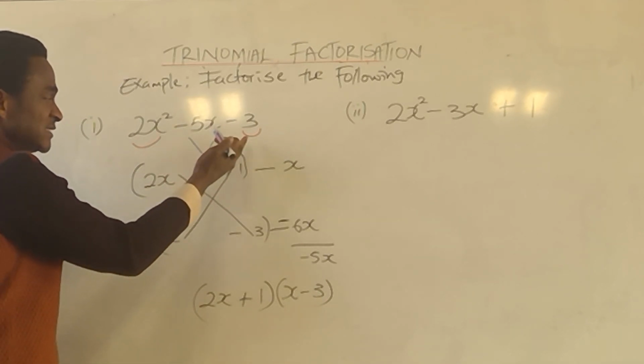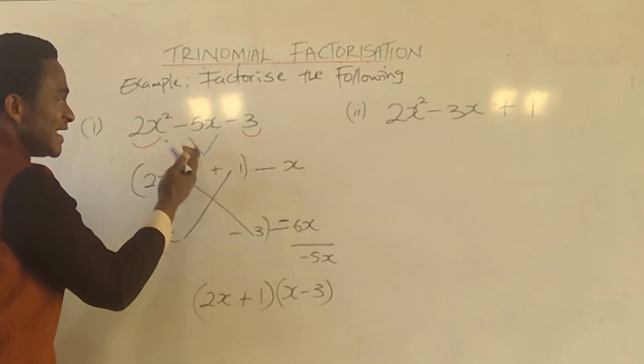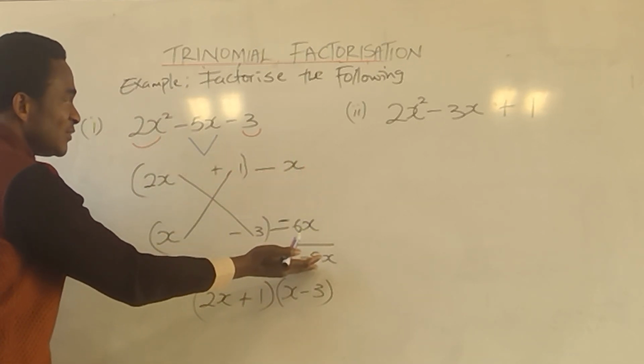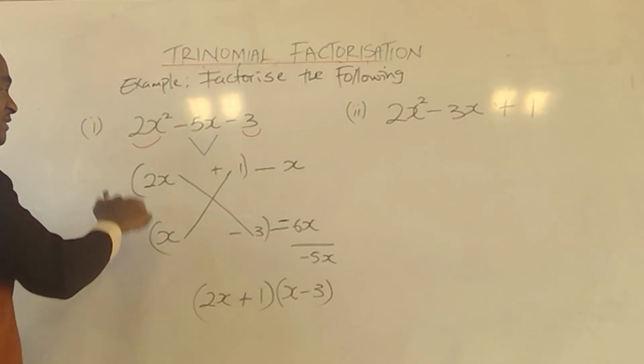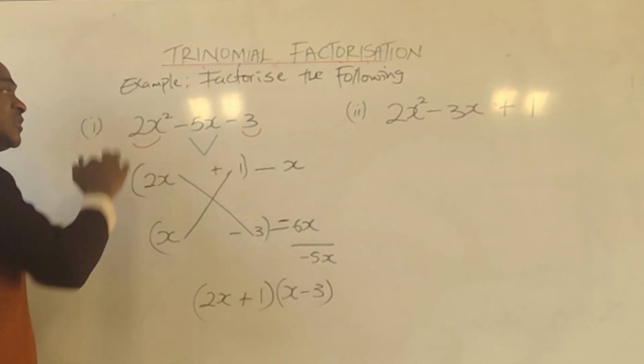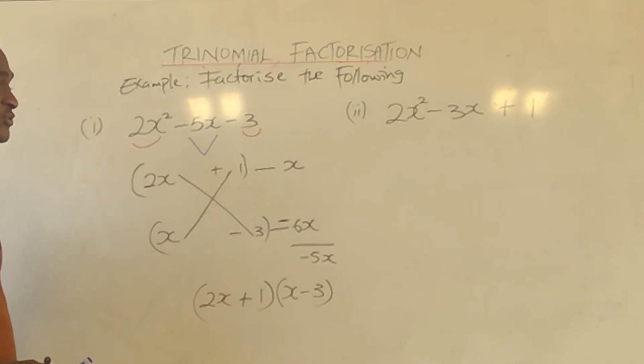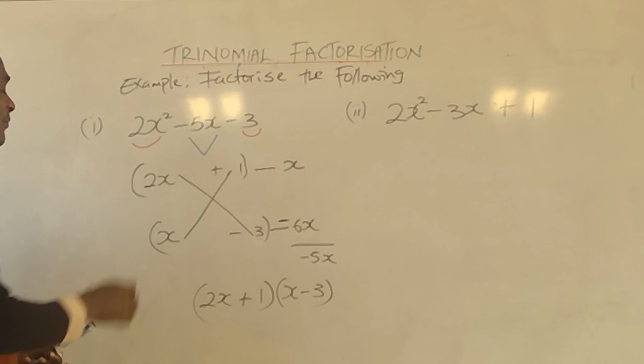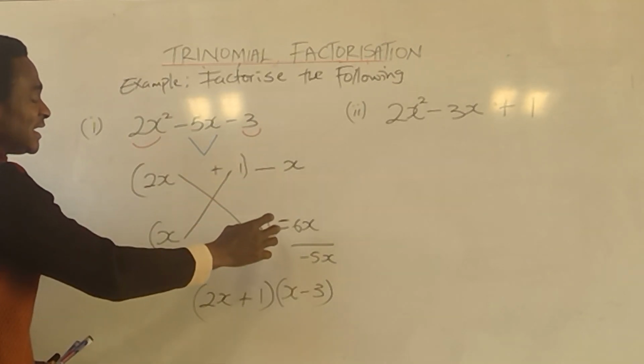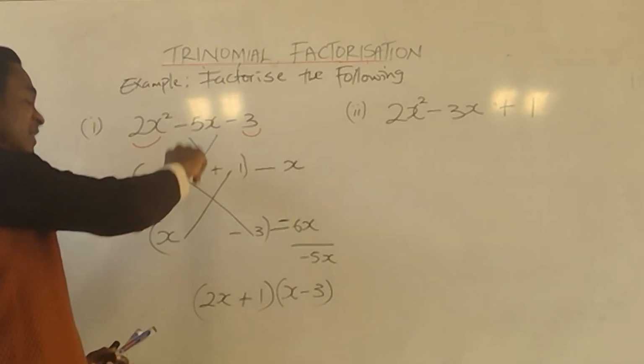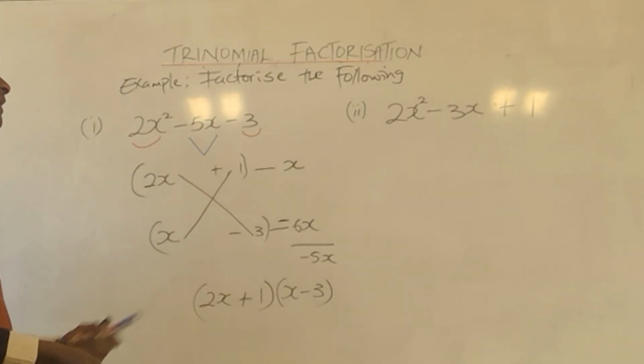So it balances as well because we still got our -5x from adding them up, whereas the product of these will give us the original expression. So we always break it down in this way: break down the first one, break down the last one, do your sum to arrive at the middle one, and that will give you the two factors.